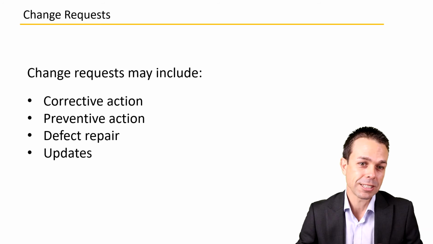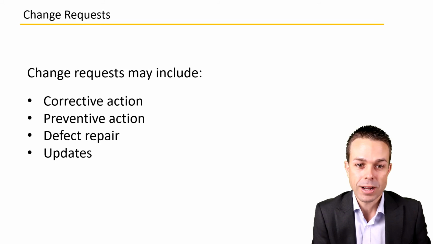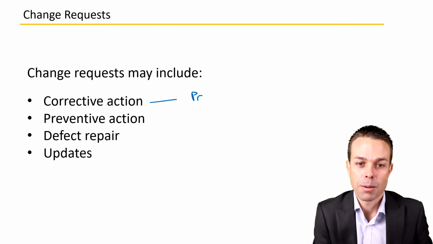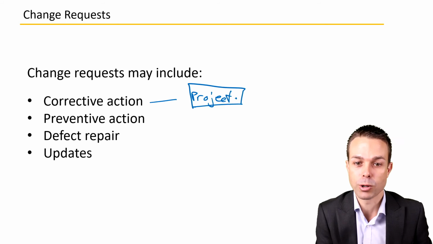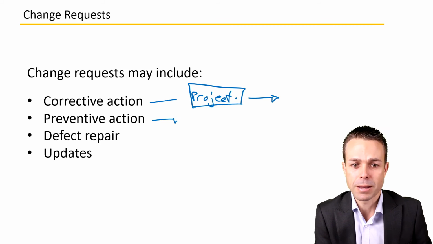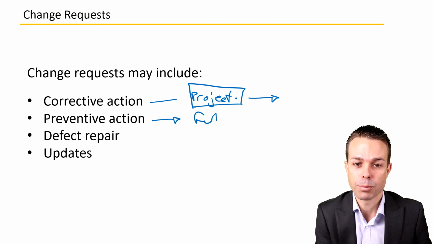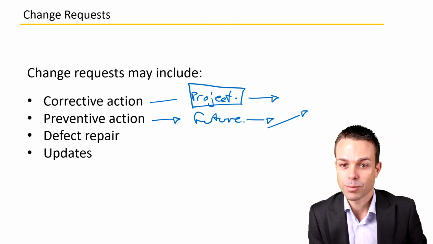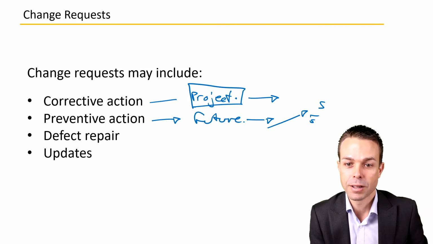And for this reason, change requests might include corrective action, where we're bringing a project back on track. For example, we're just aligning the project activities to something that we've found. Preventative action, maybe we're preventing future performance from going off track. We see that schedule coming up in September instead of June.